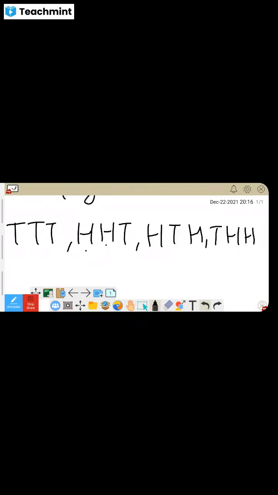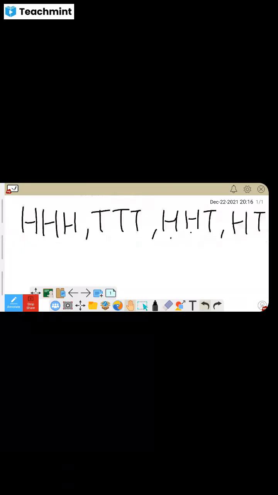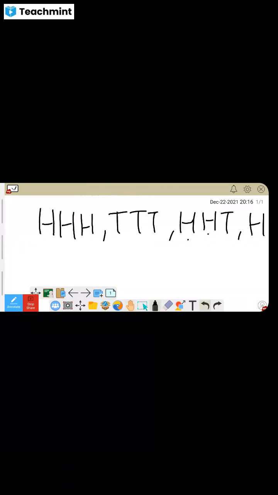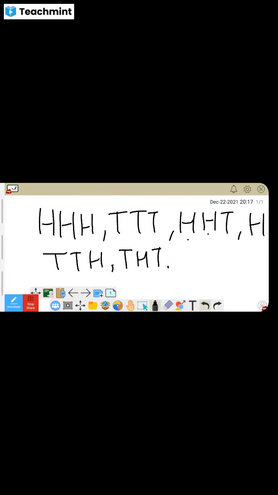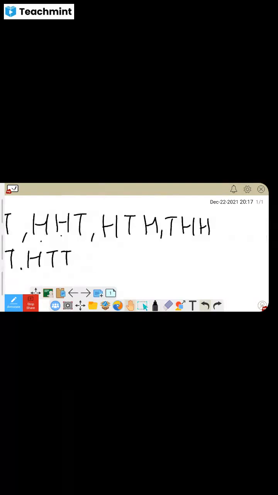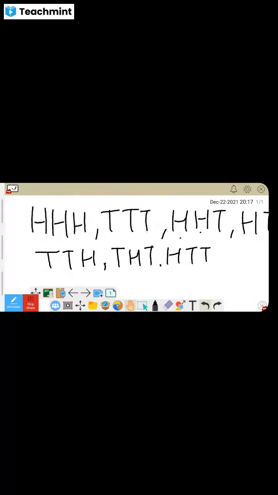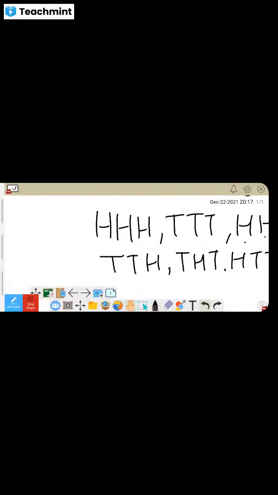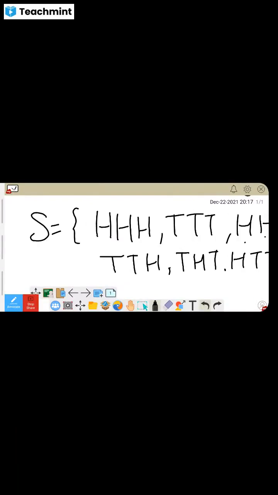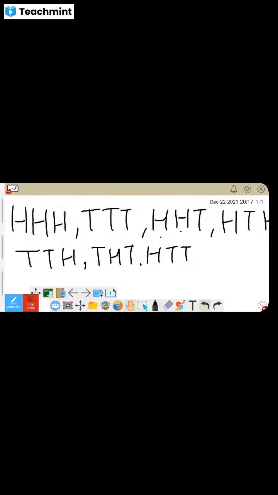Now find for 2 tails and 1 head. So these are the possible outcomes for 3 coins. If you put all these outcomes in this bracket, then this is called sample space S.